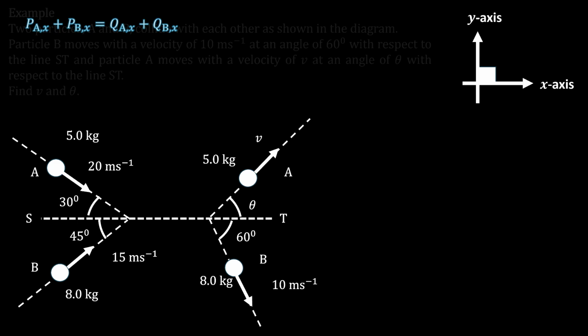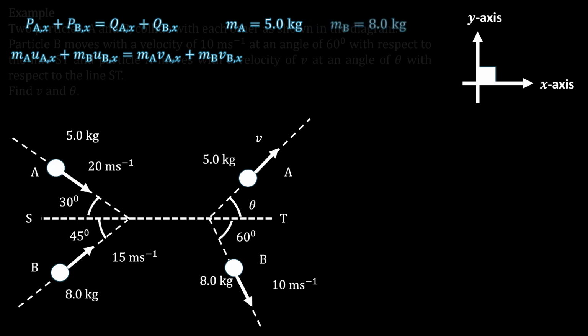If we write it in terms of the x component of the velocities of the particles, then we have MA UAX plus MB UBX is equal to MA VAX plus MB VBX, where MA is equal to 5.0 kilograms and MB is equal to 8.0 kilograms.